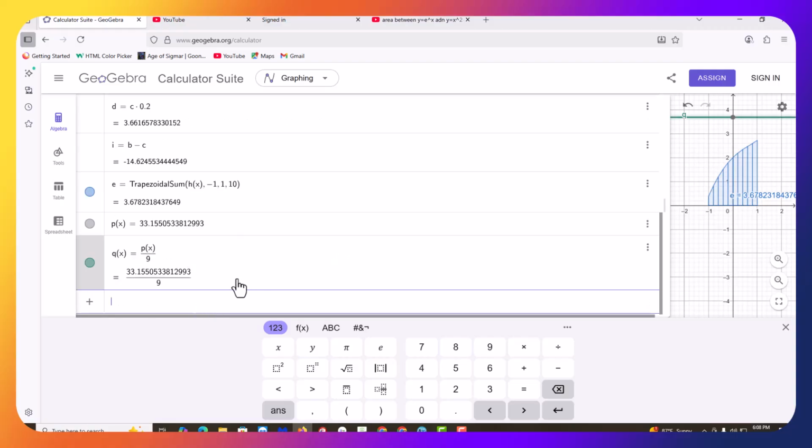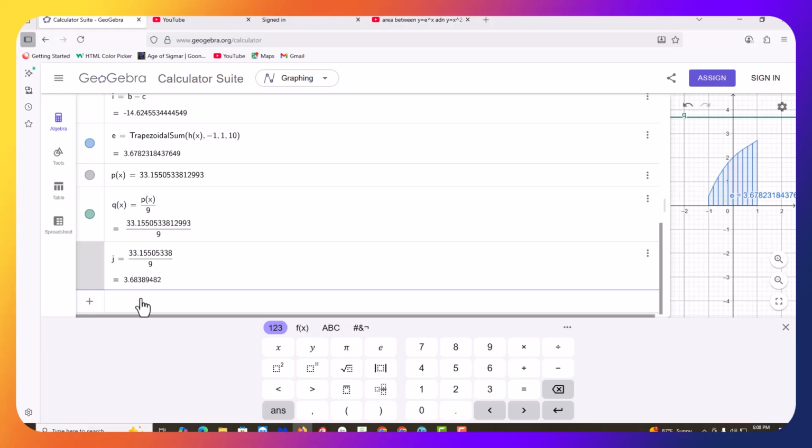Oh, I can't believe it didn't give me that value. Okay, I'll just type it out then. 33.15505.338. That'll be enough precision. Divided by 9. Okay. And we get 3.68388942. And then, folks, that is using GeoGebra to calculate Simpson's method.